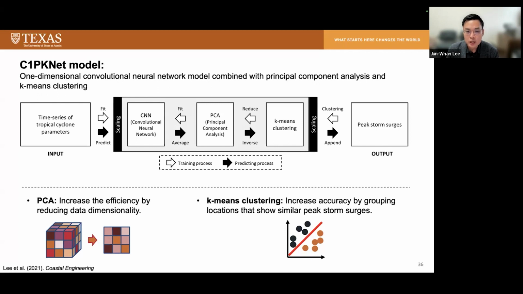And for each cluster, we use dimension reduction techniques to extract the main components of the storm surge responses, and then train the convolutional neural network between the time series of tropical cyclones and the principal components of the peak storm surges. And once the model is trained, it can predict the peak storm surges for the study area just by following the direction of the black arrows.